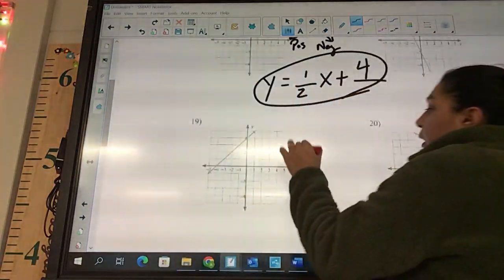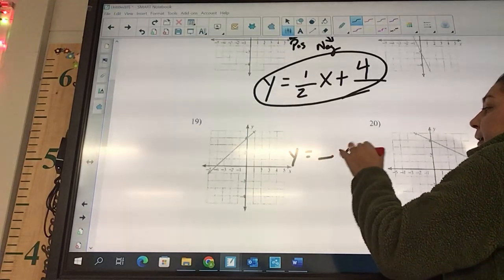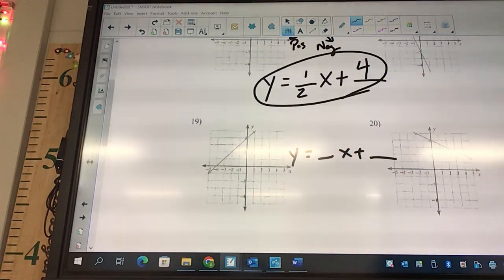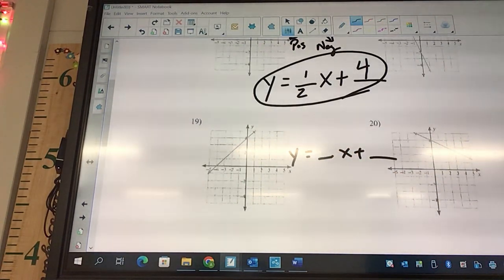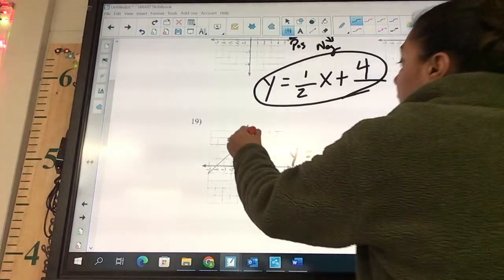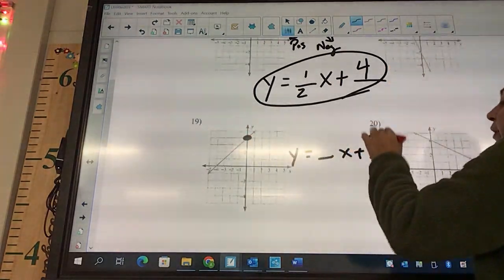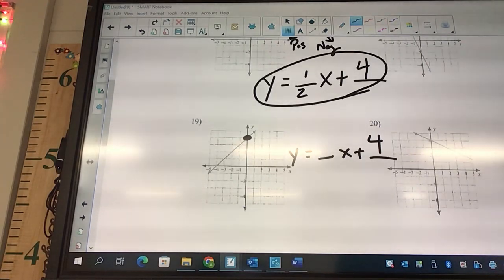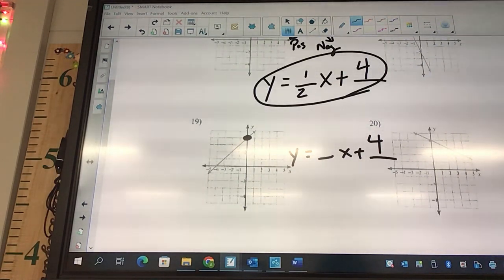Okay, so 19, we got y equals blank x plus blank. What is our b? 4. And we're going to put the dot. Take a second. Find the next closest point.